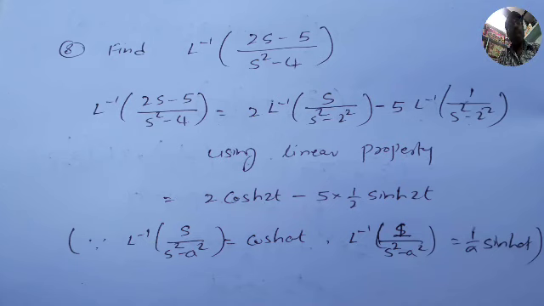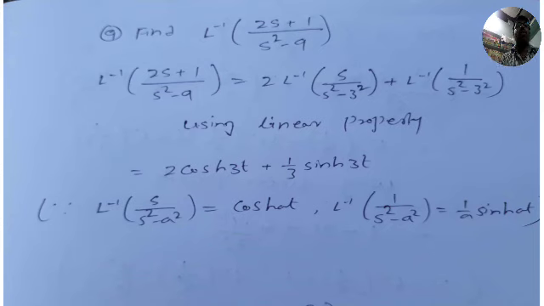I already explained the 8th one, and you already noted down the 8th problem. By understanding the 8th problem, now do the 9th question: find L inverse of 2s plus 1 by s square minus 9. Come on, do it. I will give 2 more minutes.